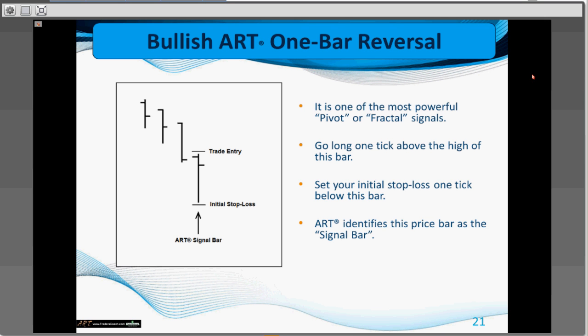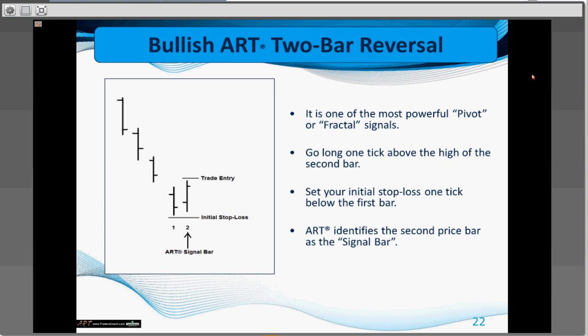The 50% mark is the distance between the high and the low. So we need to have a bullish bar on that. We have 2 types. We also have a 2B reversal, where the first price bar is used for the stop loss, and the second price bar is used for the trade entry. We'll look at more of these as we go along in some other charts here.